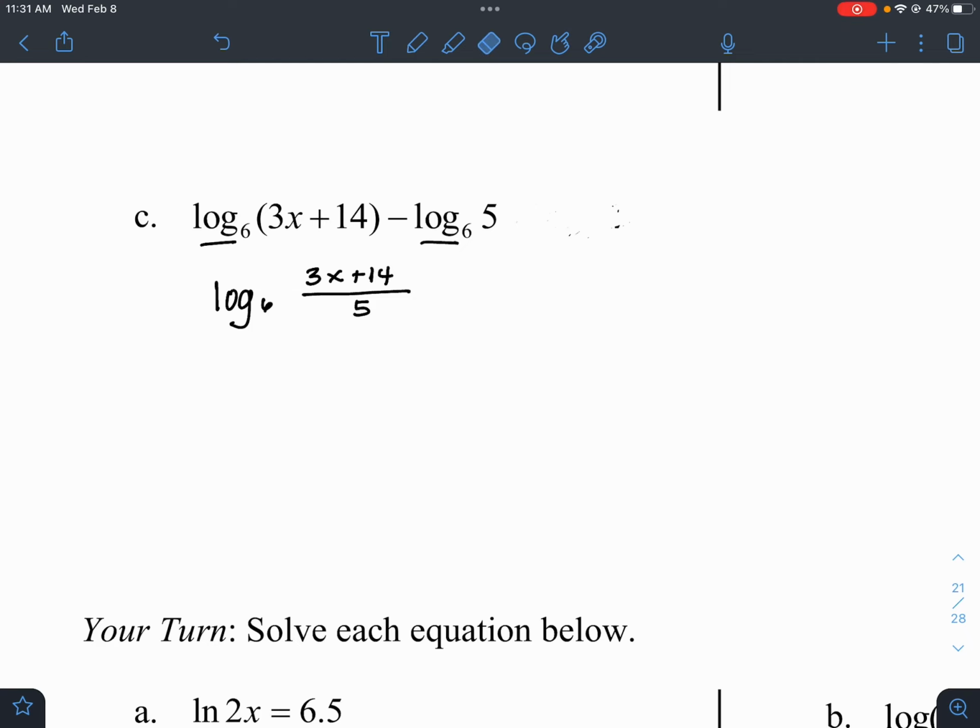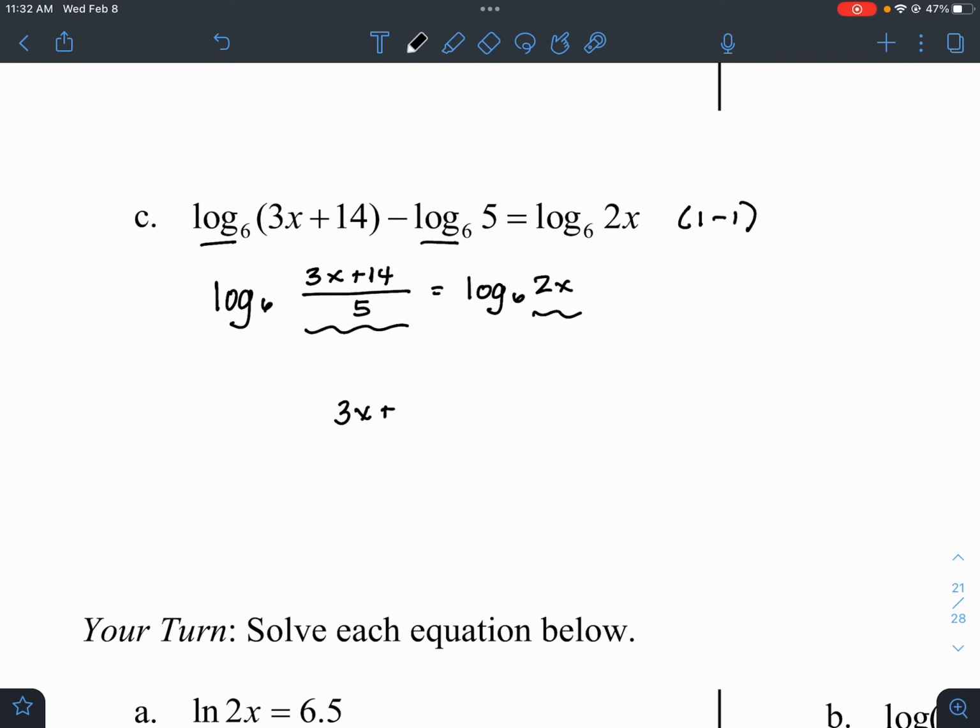Okay, so let's bring back this side here. And that's going to equal log base 6 of 2x. So now we can look and say, oh, look, log base 6, log base 6. This is really just going to be the one-to-one property again. So I can set what comes after my log base 6 equal to each other.